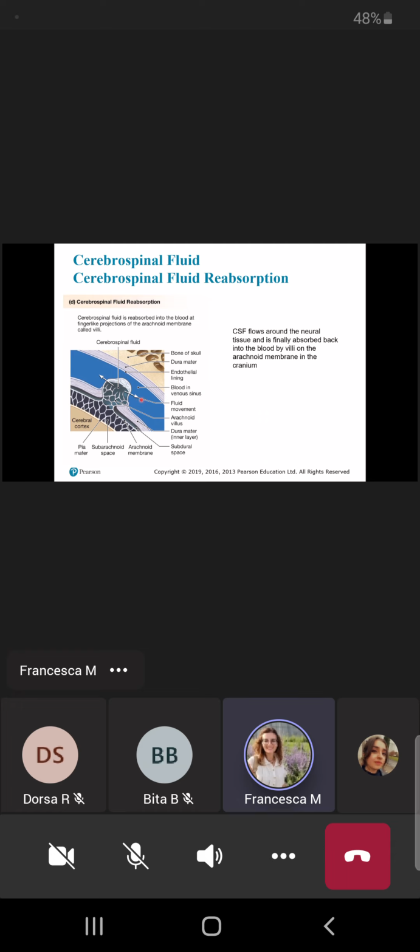So it is localized around all the brain structure. This is the cerebral cortex, the pia mater, the subarachnoid space where the cerebrospinal fluid is located, then the arachnoid membrane, and then the dura mater, this inner layer that is in contact with the sinus, where the villi are located for the reabsorption of cerebrospinal fluid into the blood.